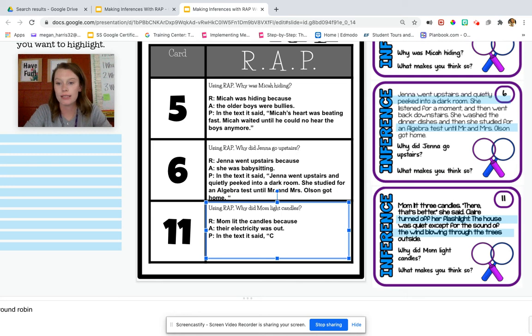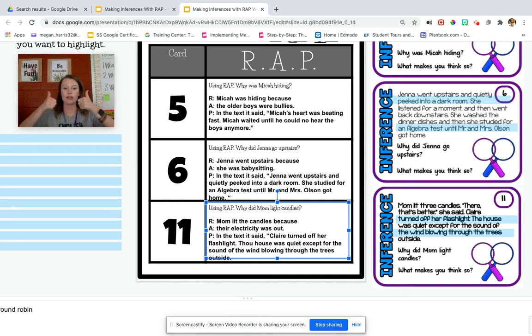Okay, so it says Claire turned off her flashlight. The house was quiet except for the sound of the wind blowing through the trees outside.